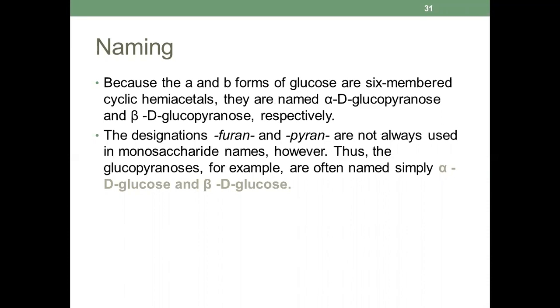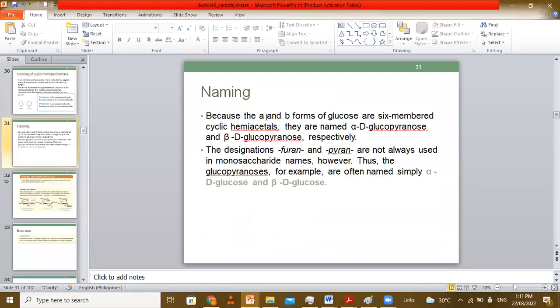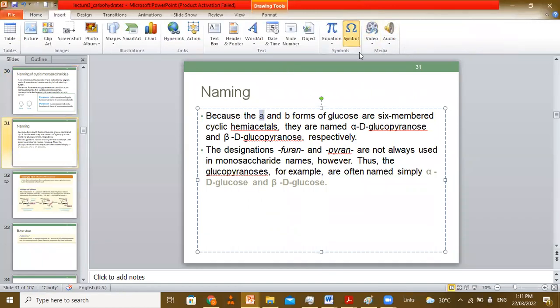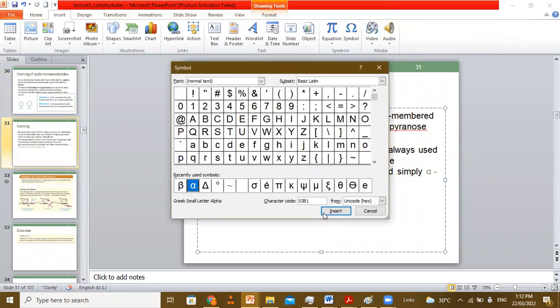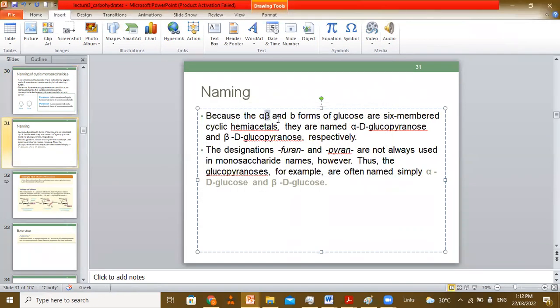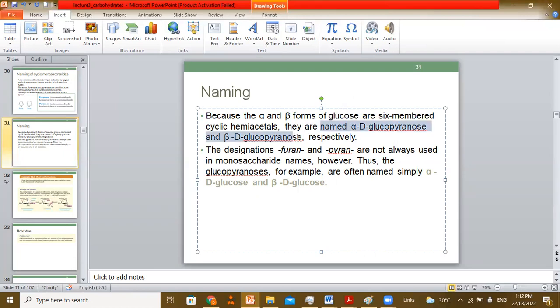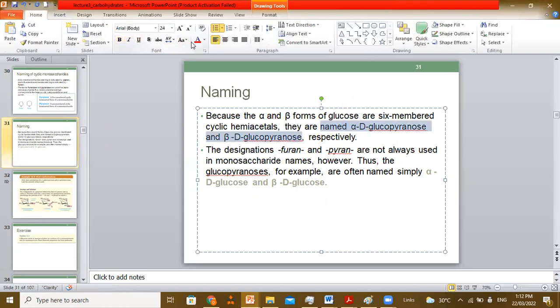So in naming, because the alpha and beta forms of glucose are 6-membered cyclic hemiacetals, as I have already mentioned, we call them alpha-D-glucopyranose and beta-D-glucopyranose respectively.